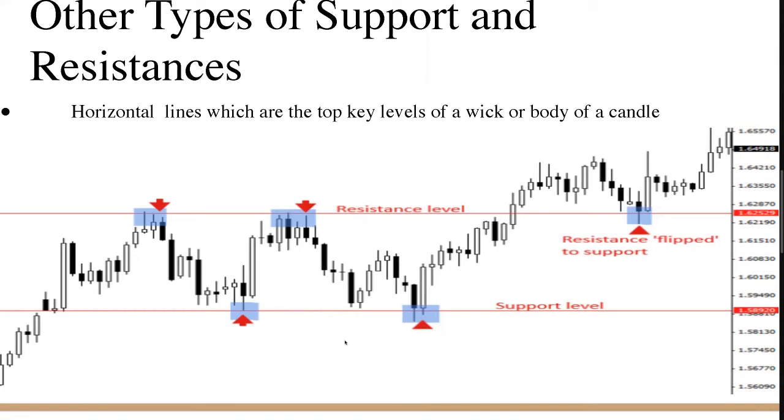I say look for three or more touches. In this case you've got one, two, three, so that's considered a key level. That's why horizontal lines are the top key levels of the body or wicks of candles. So you know you have candlesticks. These are what we call candlesticks.